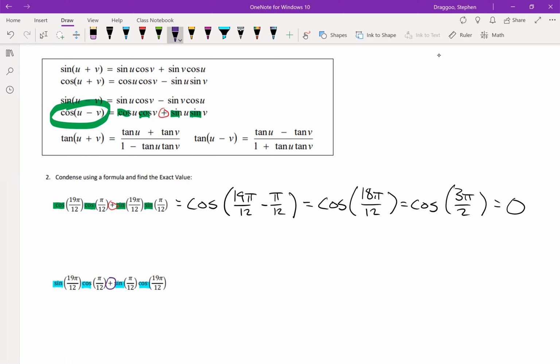So sine times cosine plus sine times cosine must be this formula here at the top.